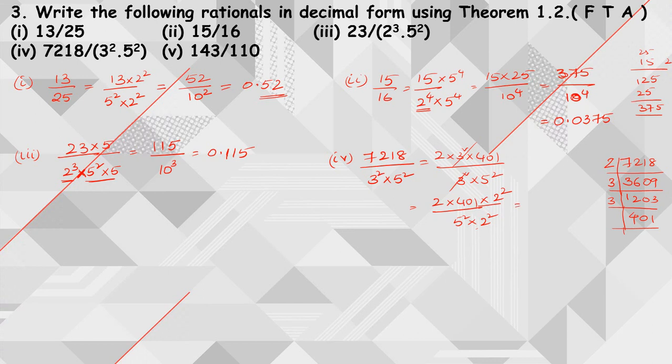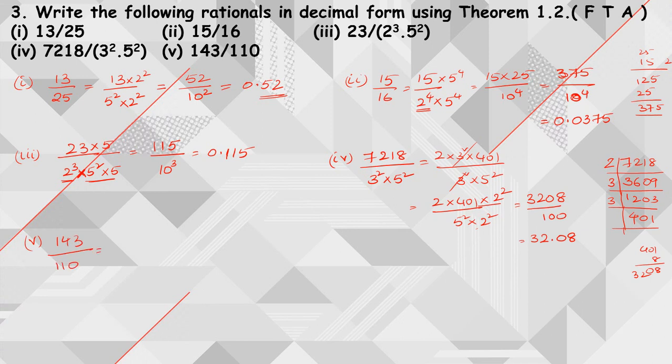Then 401 into 8: 8 1s are 8, 800, 8 4s are 32. So this I can write as 3208 divided by 100. Dividing by 100 means after the decimal point we should have 2 place values, so it is nothing but 32.08.